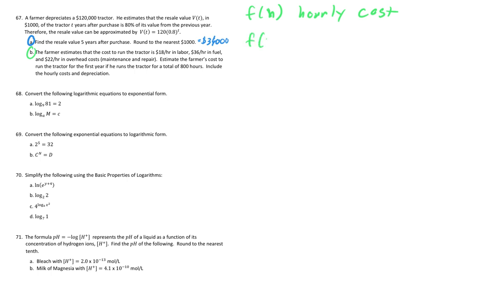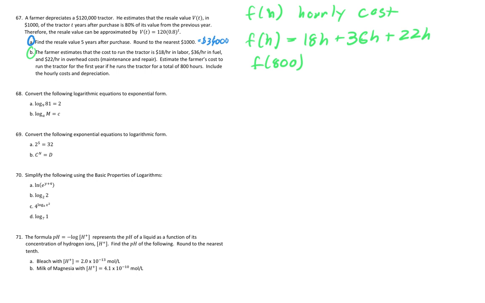We know it costs $18 an hour, so 18 times h, plus $36 an hour, so we're going to add all these up, and then plus that 22h as well. So we find out how much it costs an hour for just the maintenance cost, stuff like that.